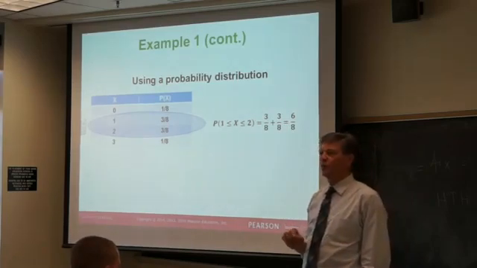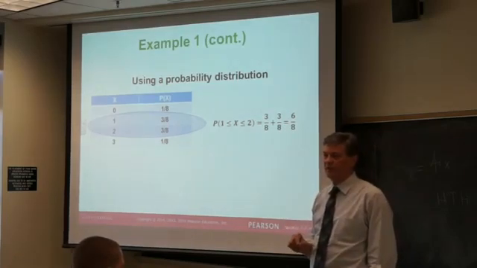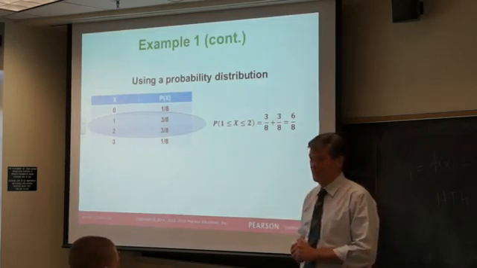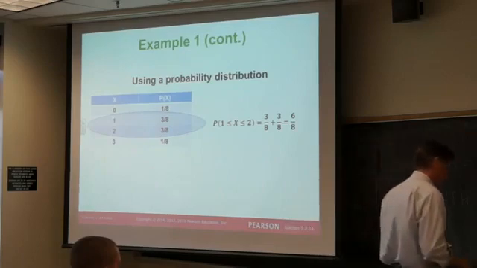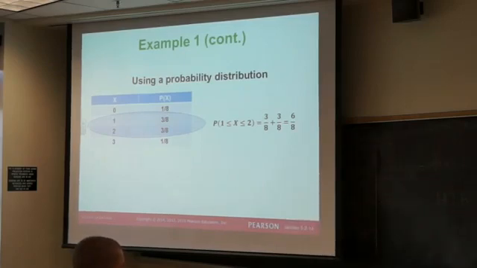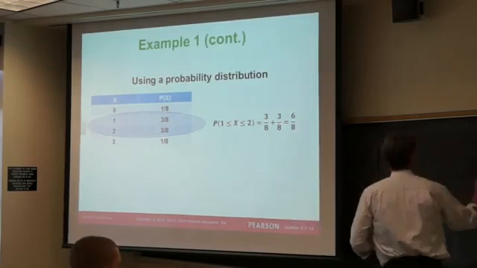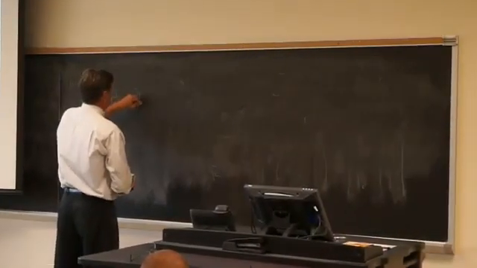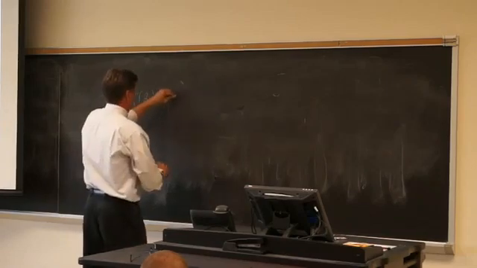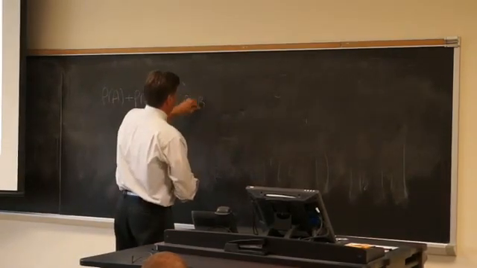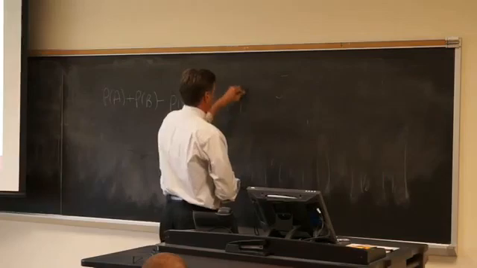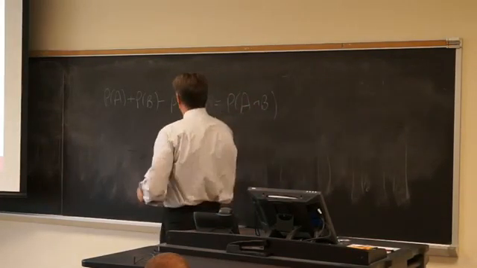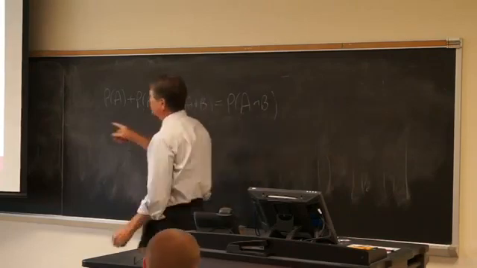In chapter 4, what rule did we use when we calculated probabilities that had or? The addition rule. And what is the addition rule? P of A plus P of B minus the probability of A and B. What's the probability of A or B? Well, wait, how did I get away with not putting in this term then?